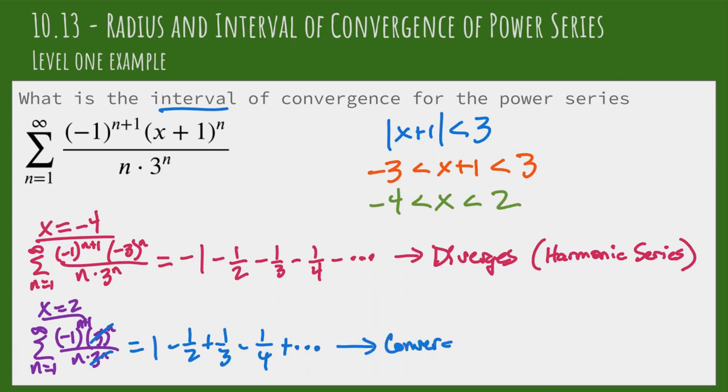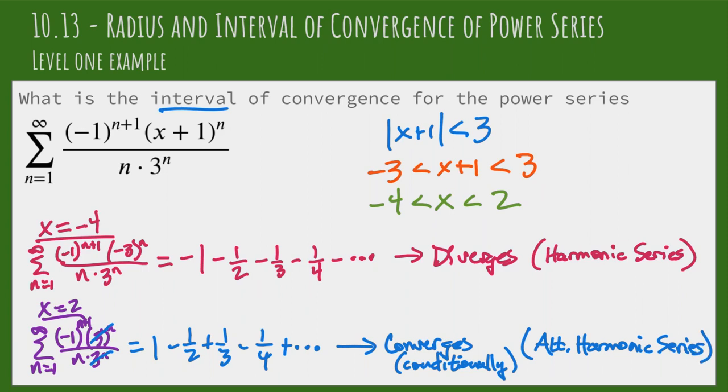So this converges. Specifically, it converges conditionally. With the interval of convergence, we don't really care that it's conditional versus absolute convergence. We can just say we know that it converges because it's the alternating harmonic series. That's a known series.